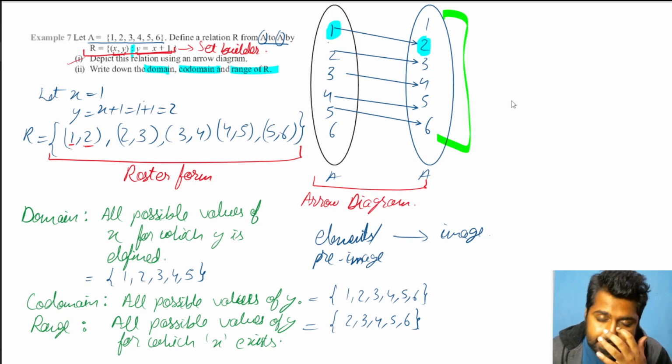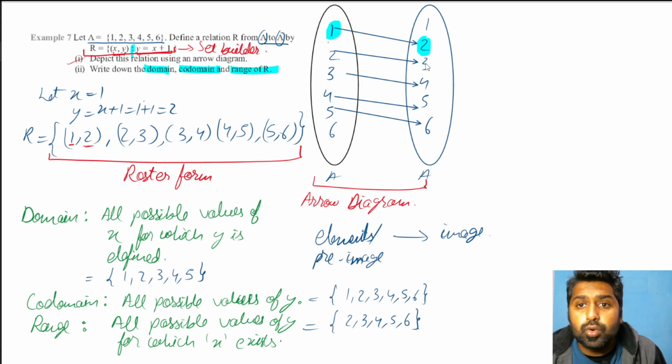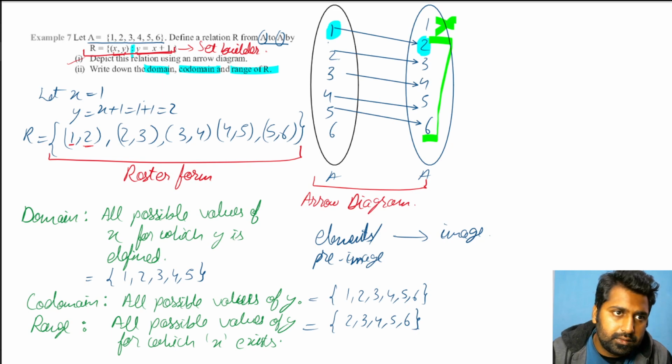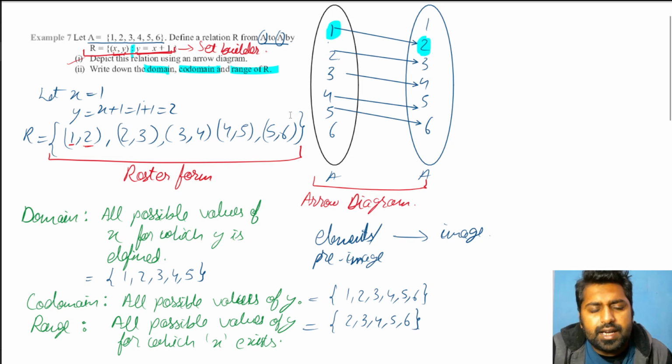Doesn't matter whether it is connected with x or not. Range, only those specific values for which a pre-image or element exists. So 1 will not be included. So that was about domain, codomain, and range.